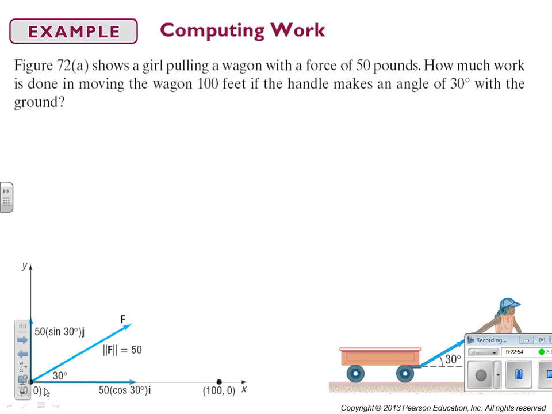So the I component of our force vector is 50 cosine 30 degrees I. The vertical component of our force vector is 50 sine 30 degrees J.